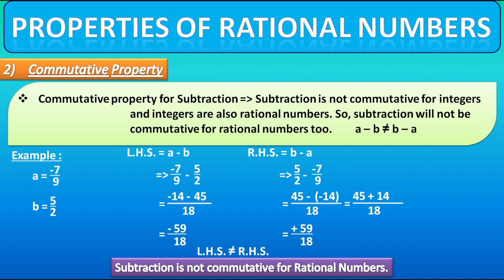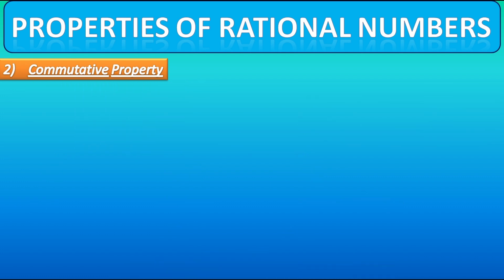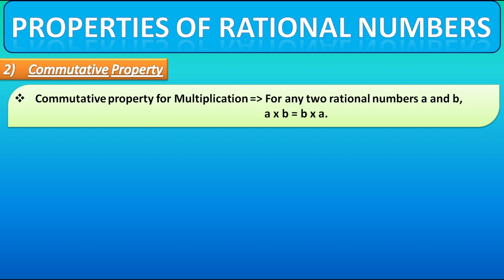Now let's check for multiplication. Commutative property for multiplication: for any two rational numbers A and B, A into B is equal to B into A. Let's check with the help of an example. Here I am taking the value of A as 1 upon 3 and B as minus 2 upon 5.